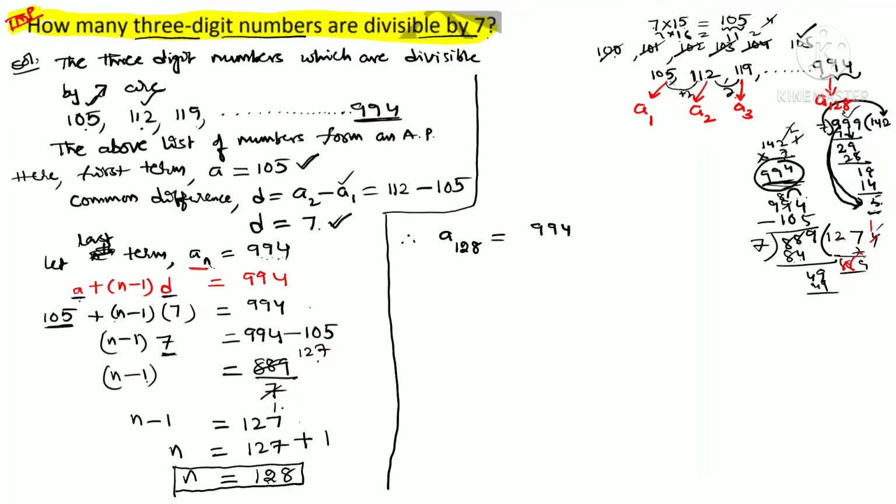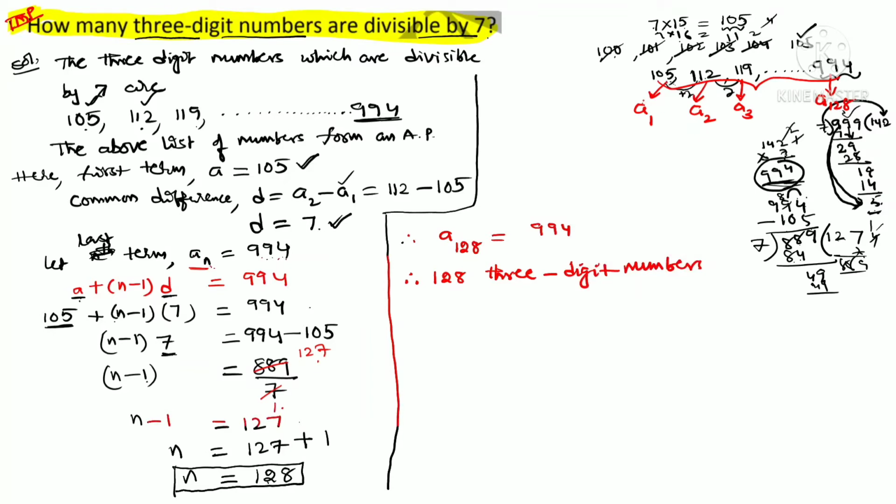So how many three digit numbers which are divisible by 7 are there? Therefore, 128 three digit numbers.